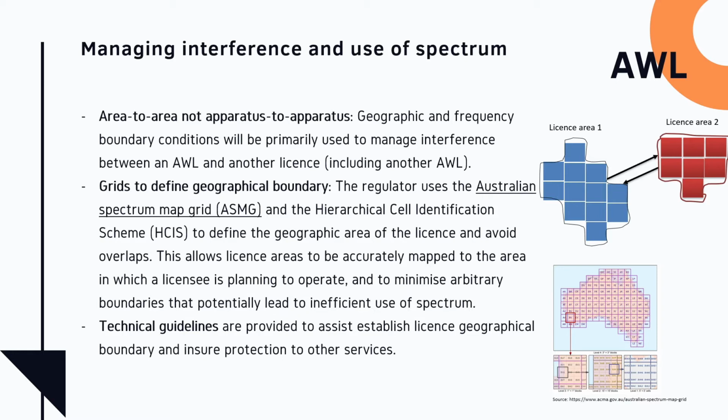The regulator is relying on the private sector, on the industry itself, private frequency assigners that can do the analysis following the framework set by the regulator. So they adhere to these conditions and guidelines, and then they identify the boundaries that need to be licensed for a given applicant.